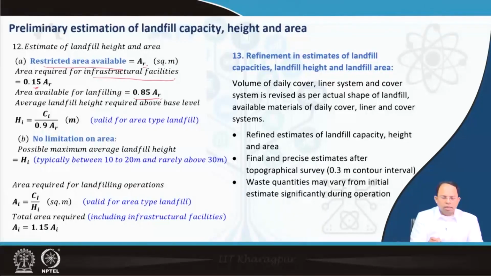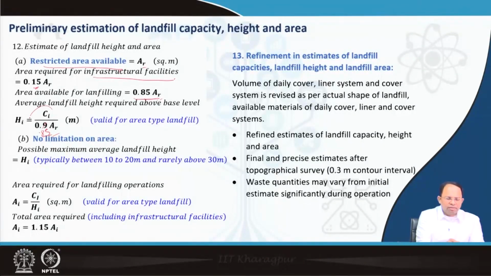So definitely the height of the landfill would be Ci, which is the overall volume required, divided by 0.85 AR, right? Or instead of 85%, we can take a little bit more because of compaction and all, but we better go with 0.85.